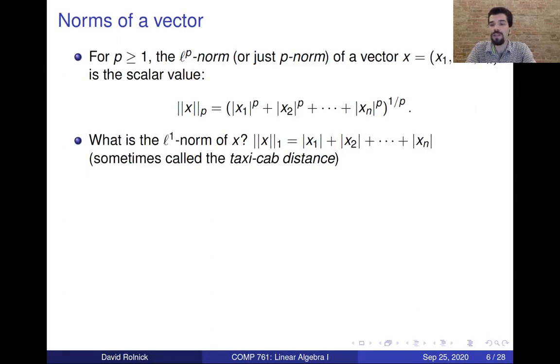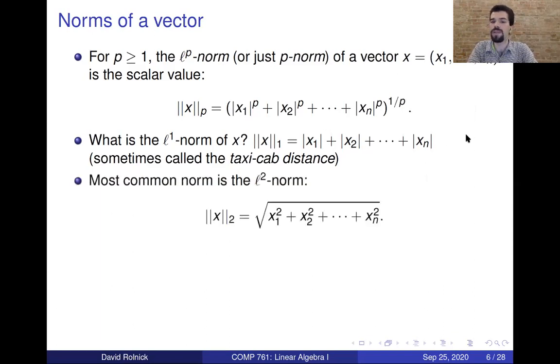That's because if you had a grid in high dimensions, you're just going along the axes. You're going along x, then along y, then along z, and you're seeing how long it takes you to get to the vector by going along all those different components. This is the L1 norm because p is equal to 1, so all of these are 1, and this is also 1.